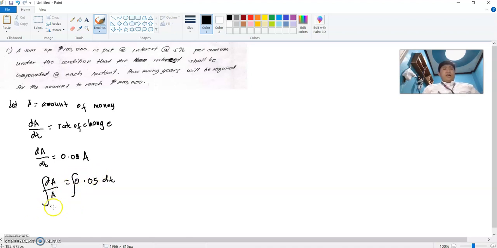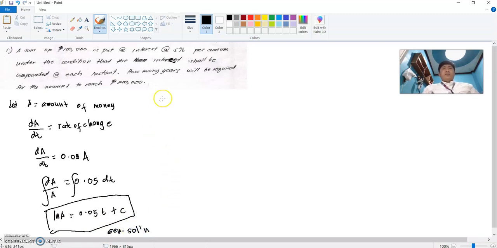So from there, I can now integrate. We know that the integral of dA over A is ln of A, equals 0.05 times the integral of dt, that is t, plus c. So from there, actually this is our general solution.